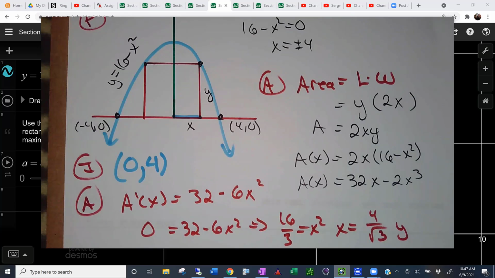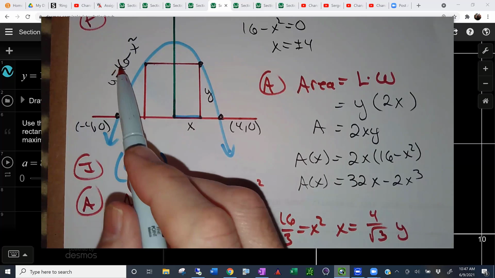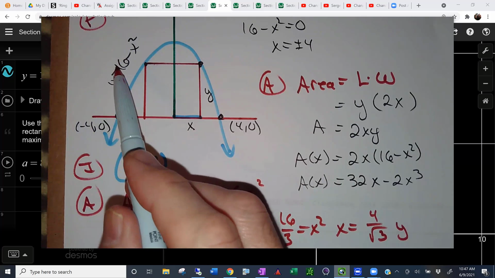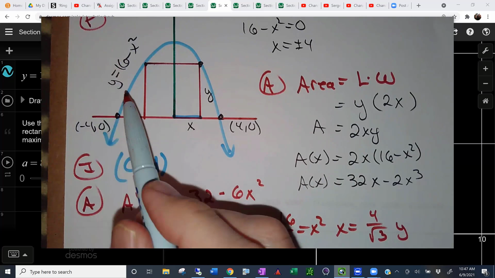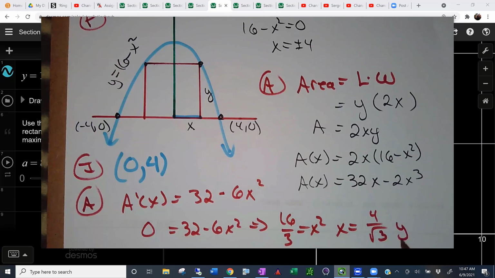So that's x. How am I going to find y? Plug it in. So if I square that, I get 16 over 3. So writing 16 as 48 over 3 minus 16 over 3 gives me 32 over 3.